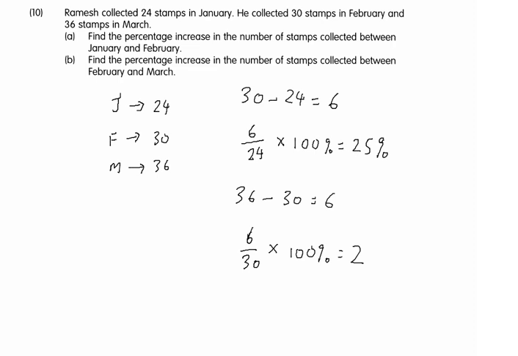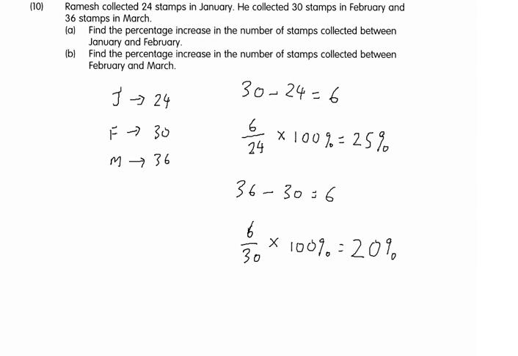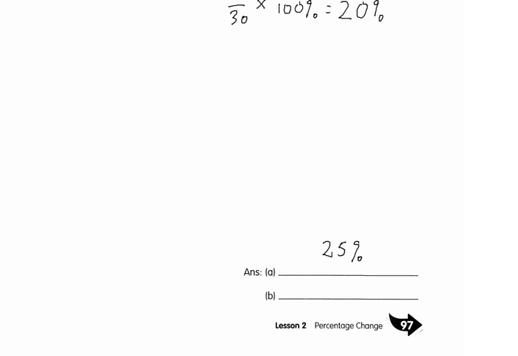So you need to have your mental calculation there. If you cannot do your mental calculation, you cannot solve this question fast. So remember, write 20% right at the bottom, okay? 20%. Next question.